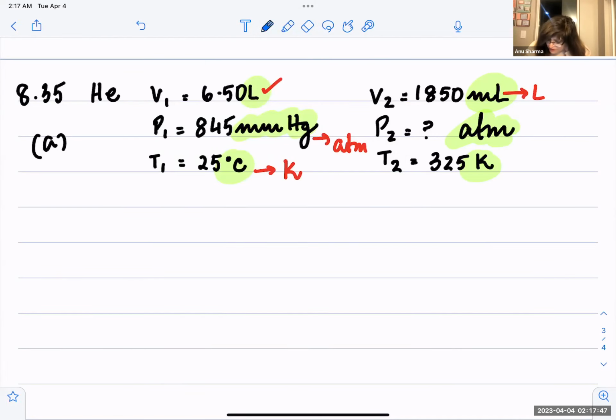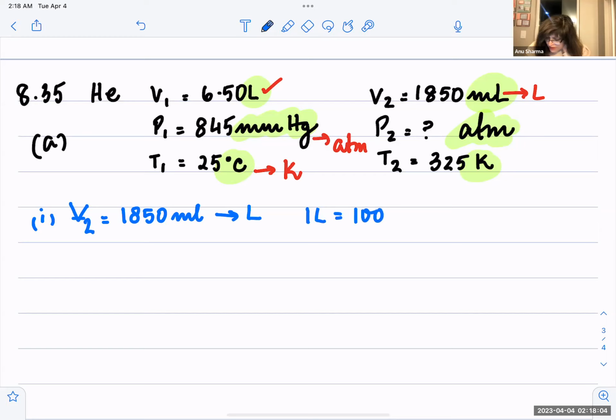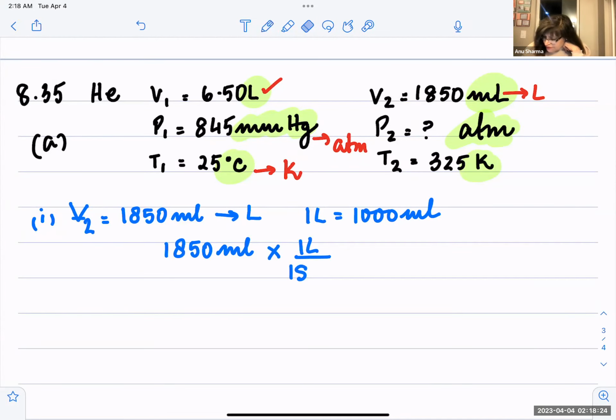So let's do these now. Number one, that is V2, the value of V2. V2 is 1850 milliliters, and we convert that to liters. We know that 1 liter is equal to 1000 milliliters, so the conversion factor is 1 liter over 1000 milliliters. 1850 milliliters times 1 liter over 1000 milliliters.